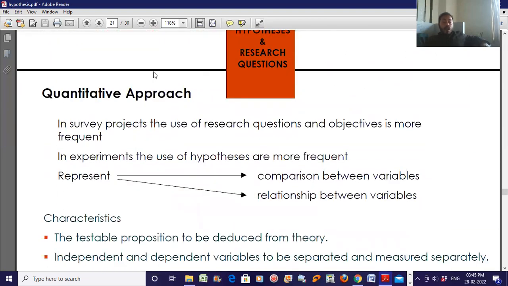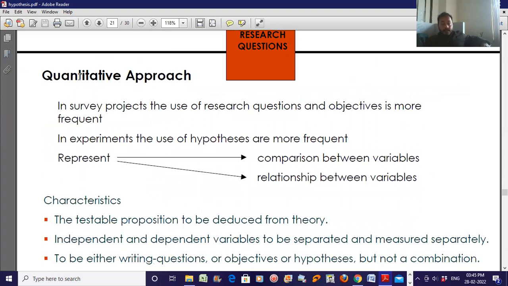Now we come to the quantitative approach. Whenever you see this term, obviously it is related to some numbers, right? And in what cases do we find those numbers? Obviously, in the case of surveys, where numbers play the major role.